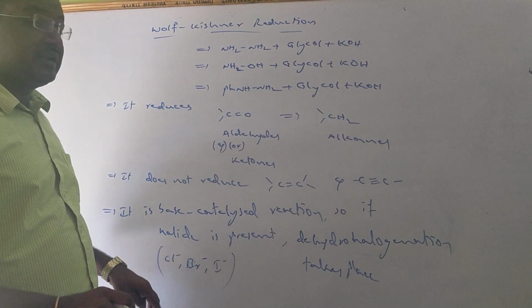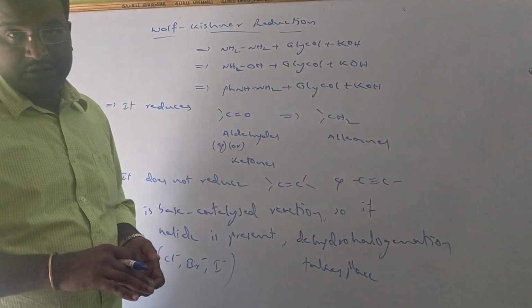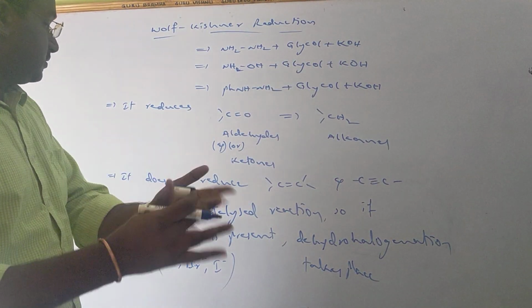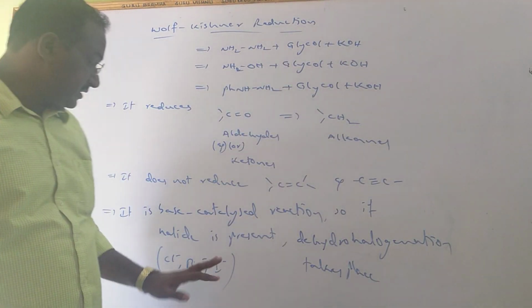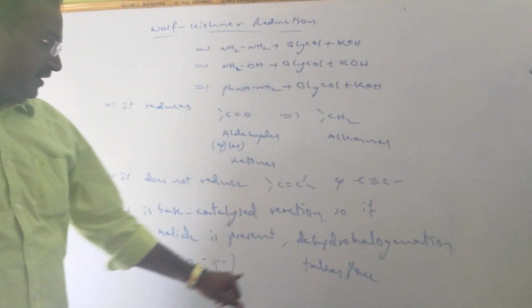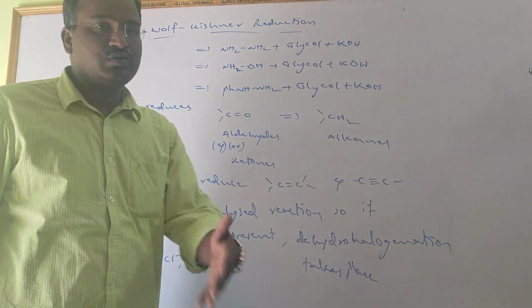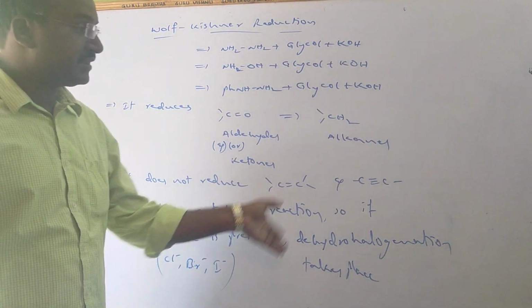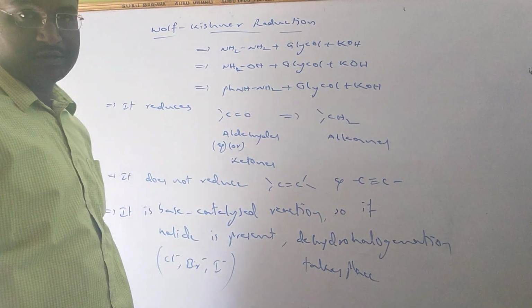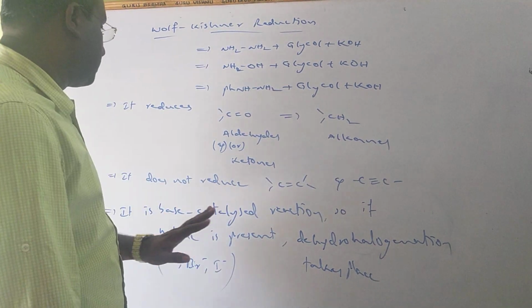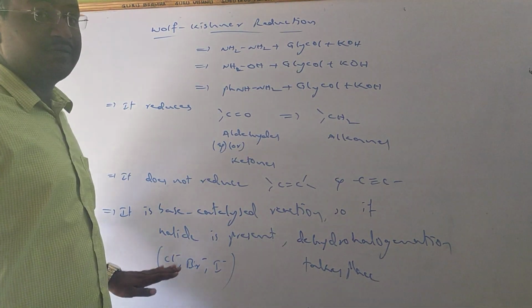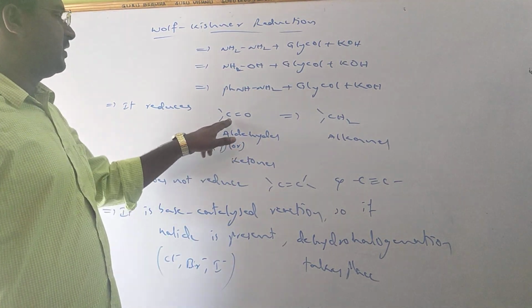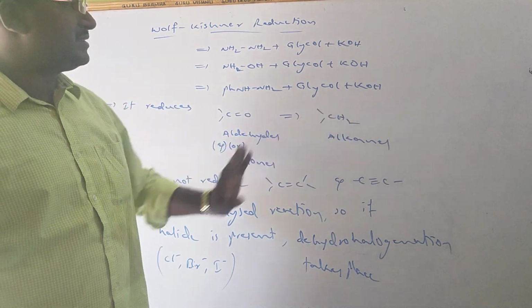If halogen is not there, there is no issue; it only reduces this to this. If halogen is present, dehydrohalogenation definitely takes place. If dehydrohalogenation takes place, it converts into a double bond, an unsaturated double bond. It is an elimination reaction. If there is no halogen, nothing, just the carbonyl group converts to CH2.